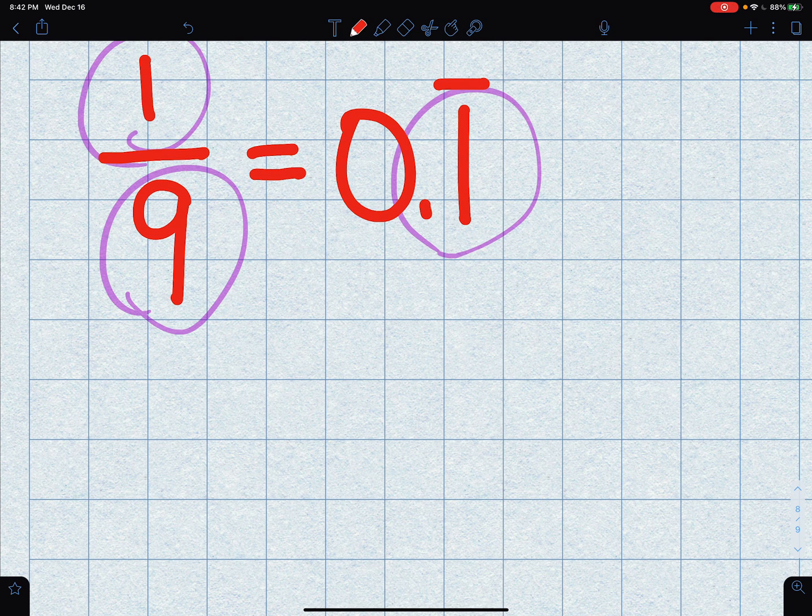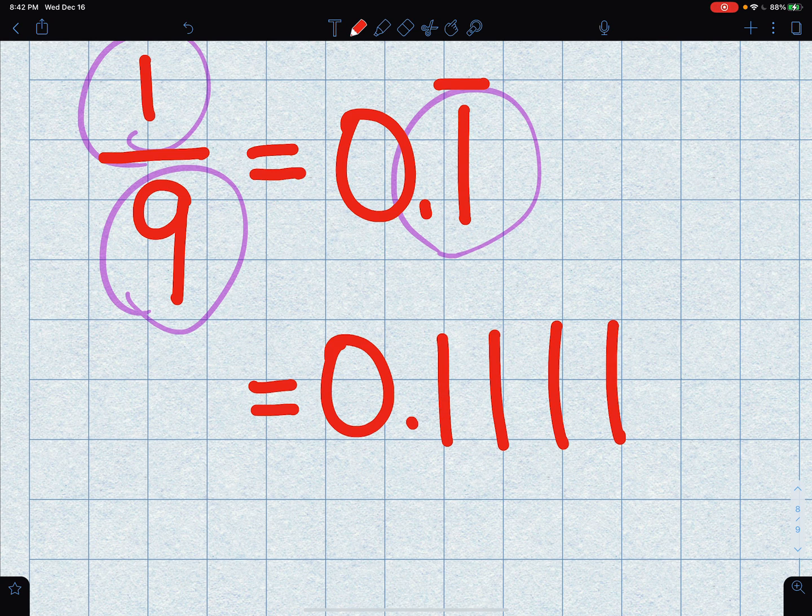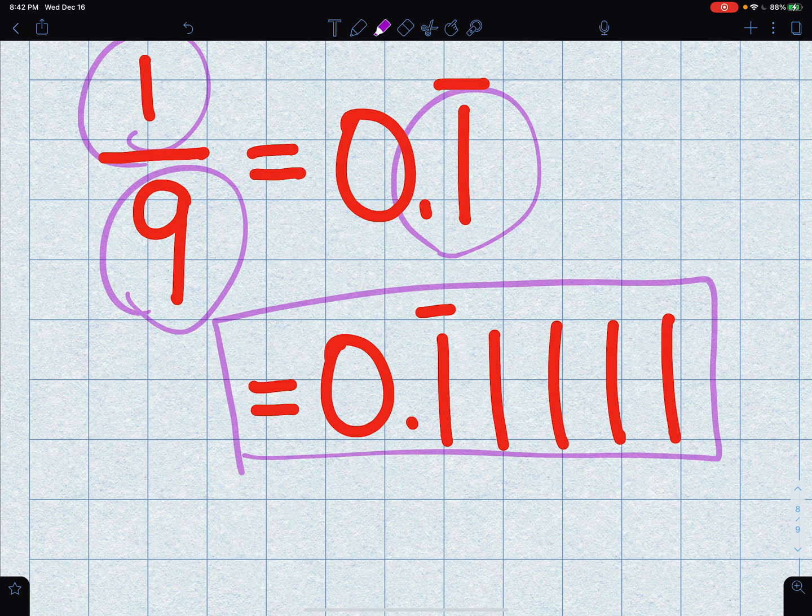Will that work? I don't know. Let's try it. 911. What you really get is 1, 1, 1, 1, 1, because the bar's over the 1, right? So good thing that that's not the 911 number, because then you would be dialing that into your phone forever. 1 over 9 is 0.111111111. Say that 10 times fast.